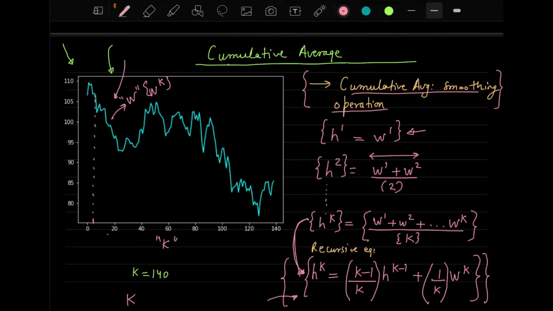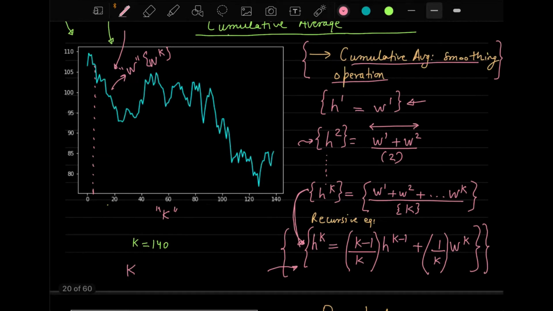So what is h doing? H is basically averaging. So when you do a kth average, it will be w to the power 1 plus w to the power 2 like this. So once you have a recursive equation for this, the disadvantage of this approach is that if k is very large, then what will happen?